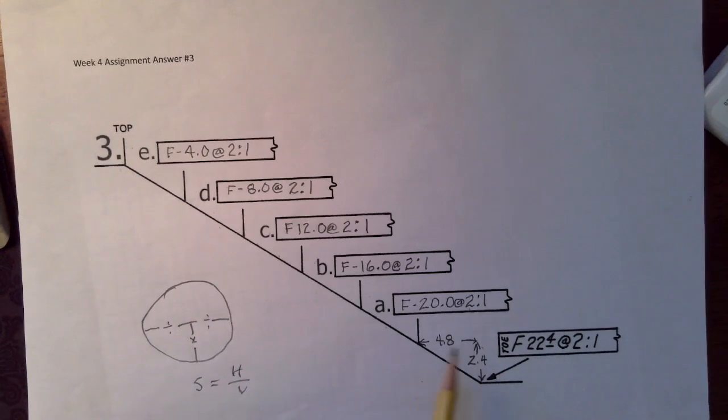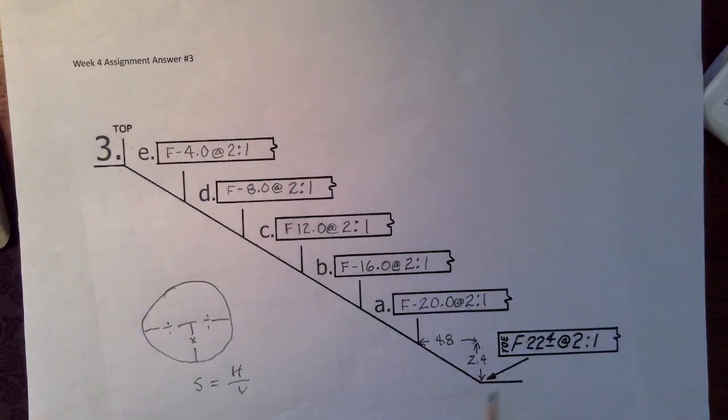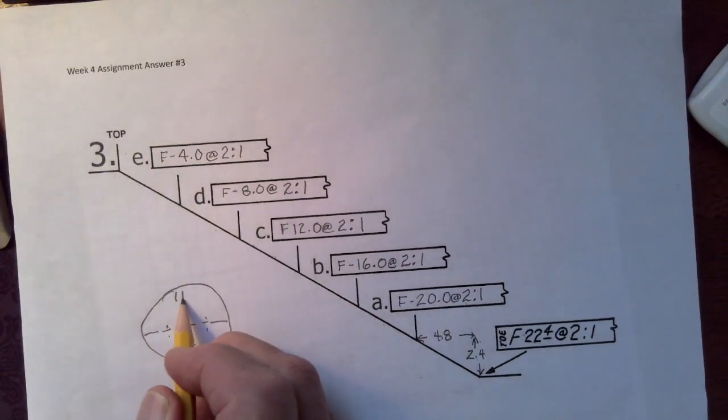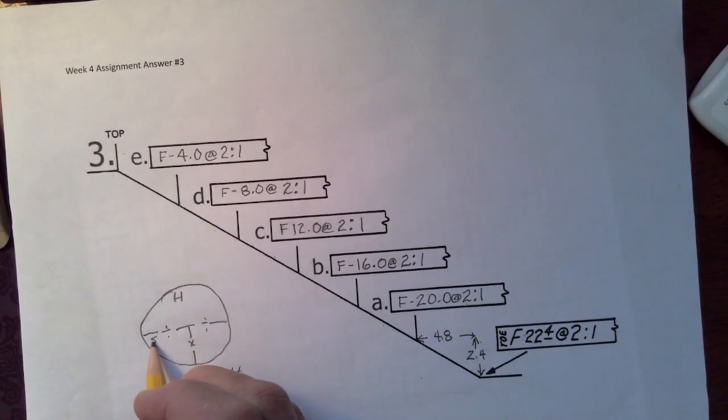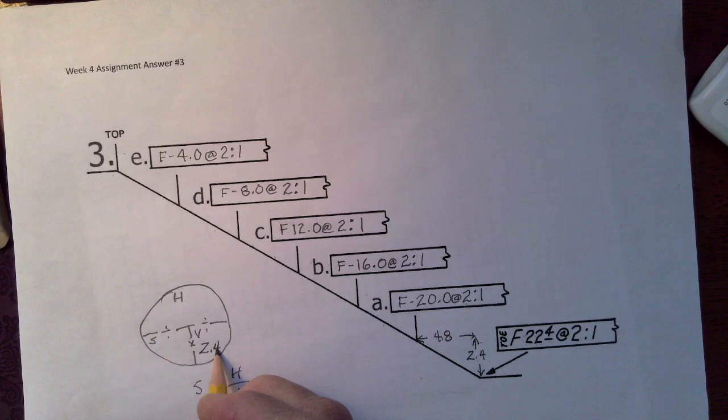So here we have the total fill of 22.4. The highest multiple that can be subtracted from that is 20, and that leaves us with a vertical of 2.4. So the vertical goes here, horizontal here, slope here, vertical here. We put our vertical in here, 2.4.